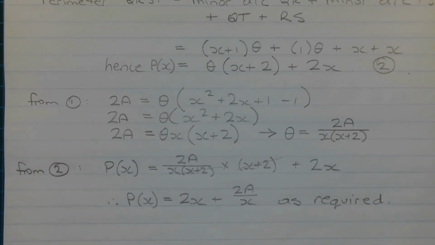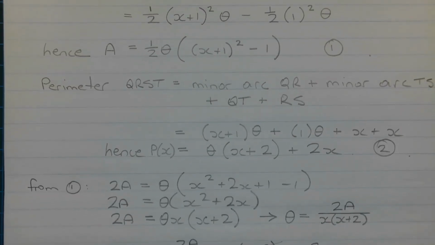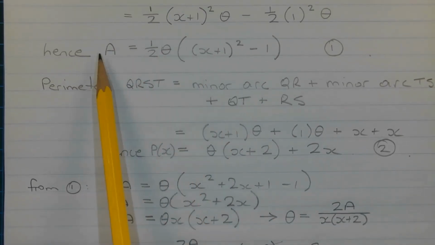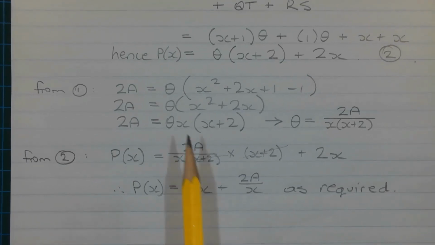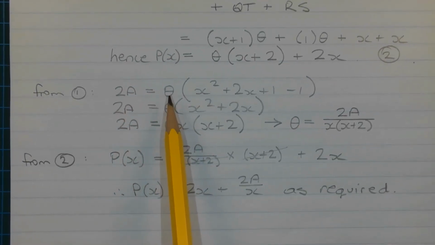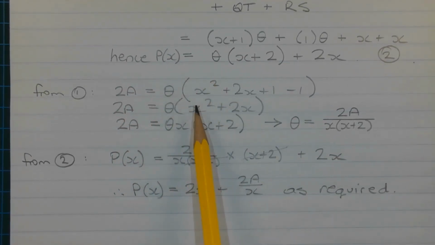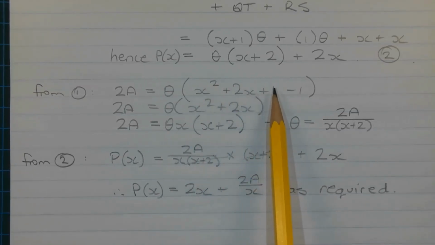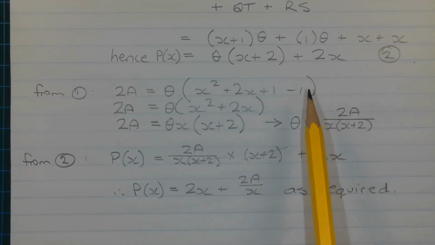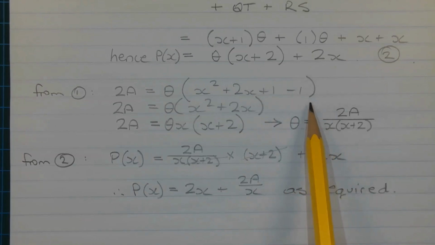So from equation number 1, I've started off by multiplying both sides of the equation by 2. So we have 2a equals theta times open bracket x squared plus 2x plus 1. So I've expanded the (x plus 1) squared using perfect square expansion, and then minus 1 close bracket.